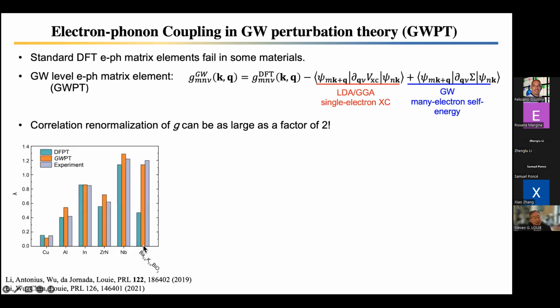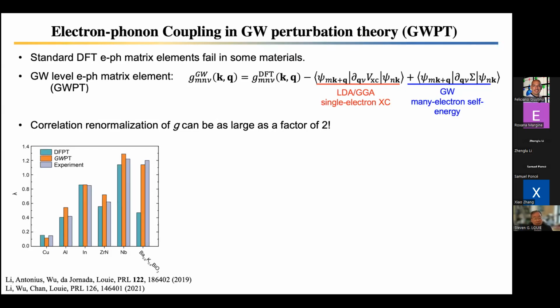So here are some results. This is comparing calculations done using the DFPT method, and that with this GWPT method, which is also a linear response method, for the electron-phonon coupling constant for a number of materials. You see that for most common normal metals, the two approaches give you quite similar results, almost exactly the same.